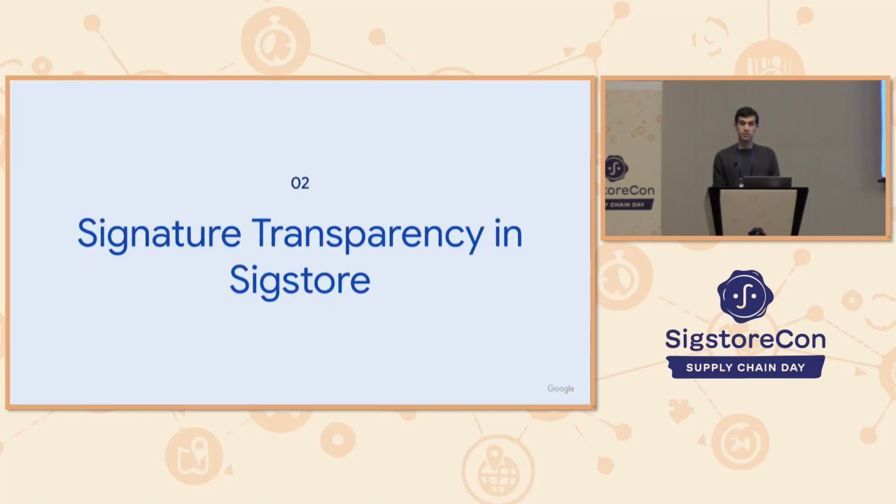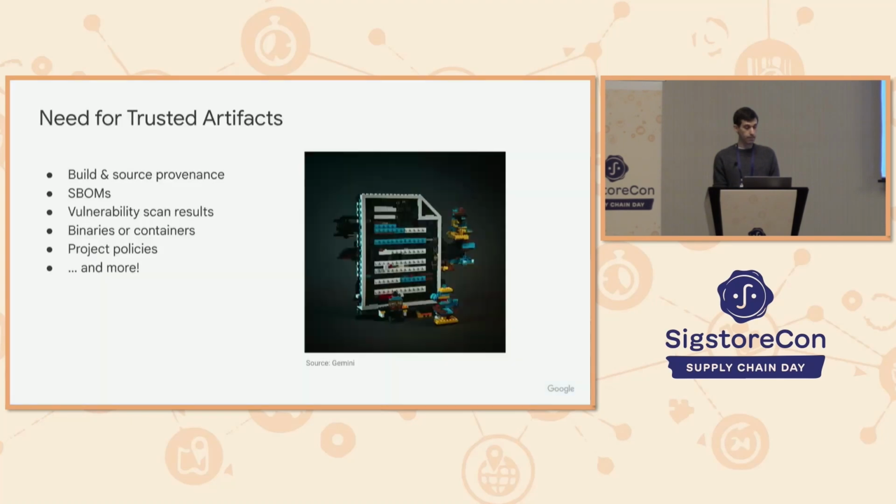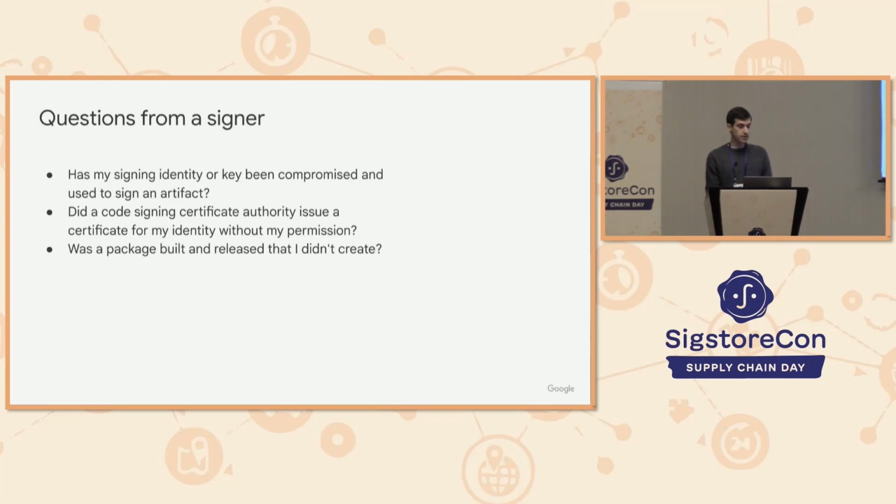So let's talk about transparency in Sigstore. We have a lot of trusted artifacts, and what we mean by trusted is signed artifacts that need integrity and authenticity. This might be build or source provenance, SBOMs, vulnerability statements, binaries or containers themselves. And as a signer, I want to know, for Sigstore especially, is my identity or is my key being used in ways that I don't expect?